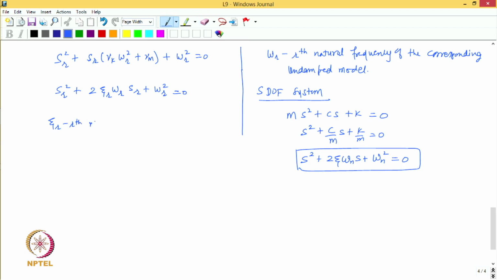That is what it must be representing, because when we compare the equation we got for the present case with the one we had for the single degree of freedom system, where zeta represents damping, the equation is in similar form, and hence zeta r must also represent damping of the system.